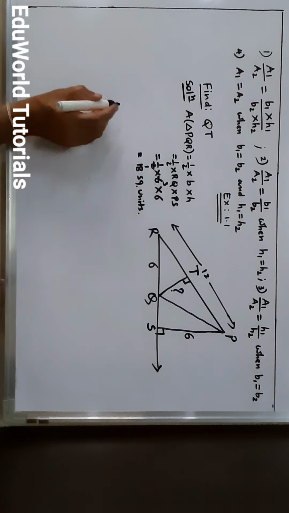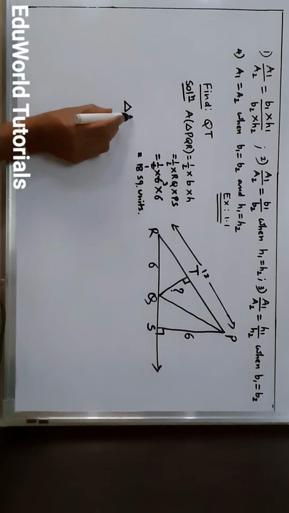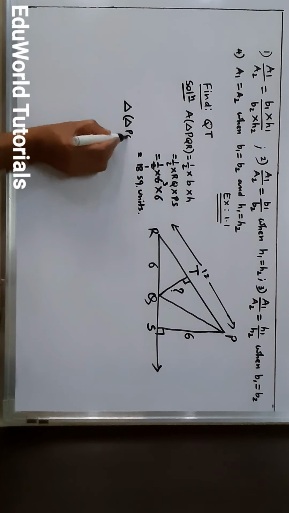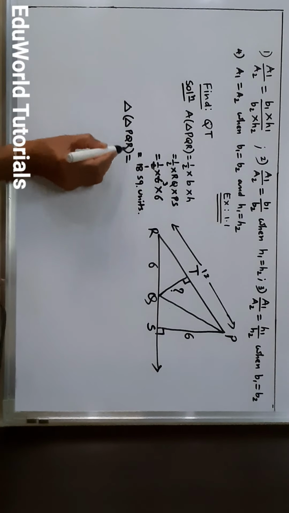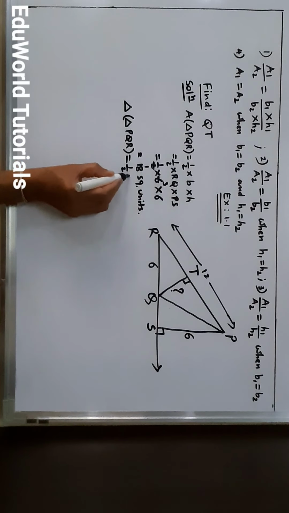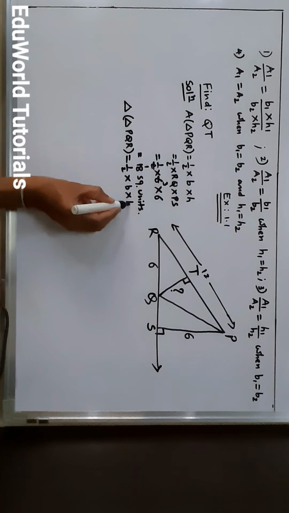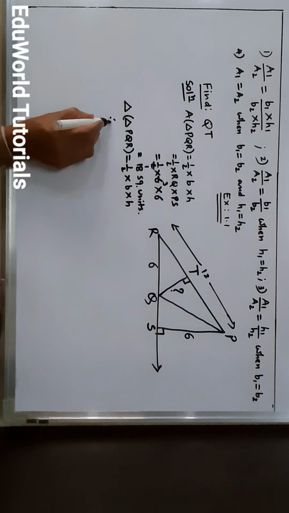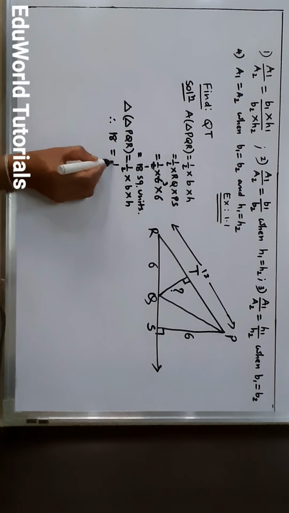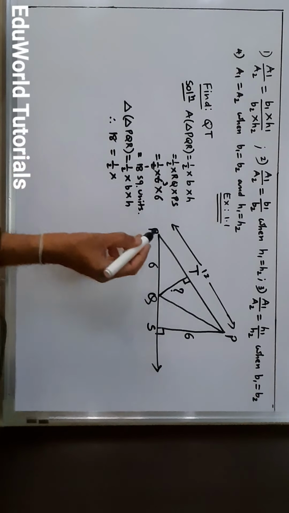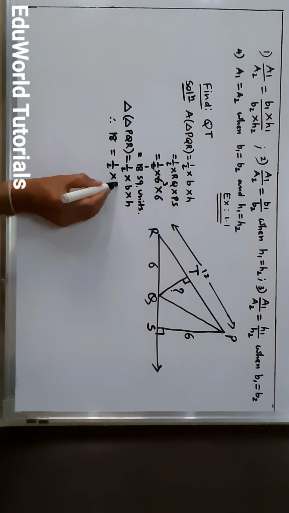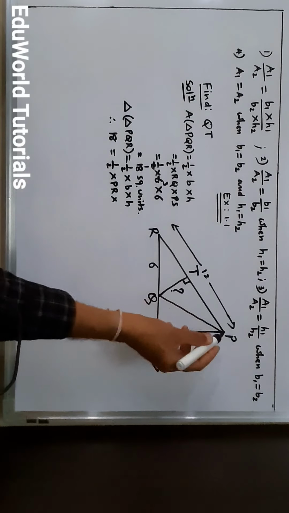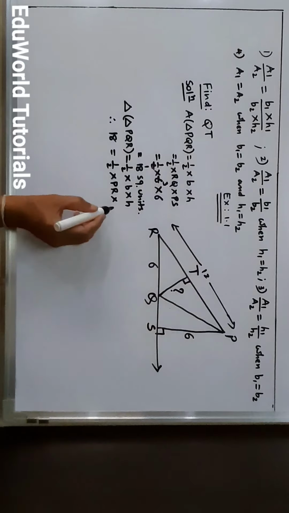Now we will use this for finding the area of the same triangle, area of triangle PQR, again as half into base into height. Why? Because I will use the value of the area of the triangle. Therefore 18, and a different base and a different height I will use. The base I will use is segment PR, and the height drawn on side PR is QT.